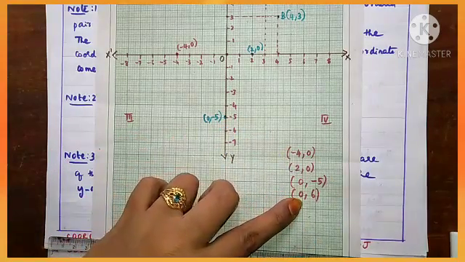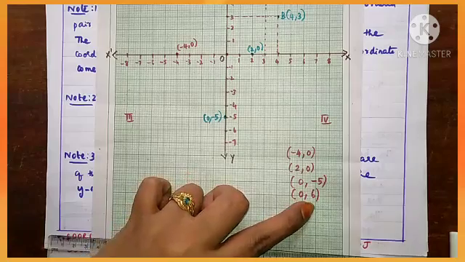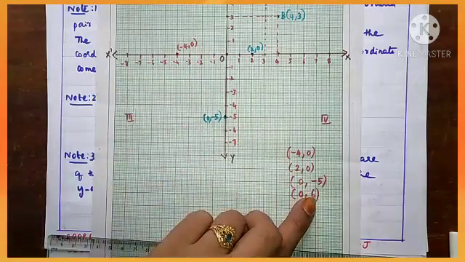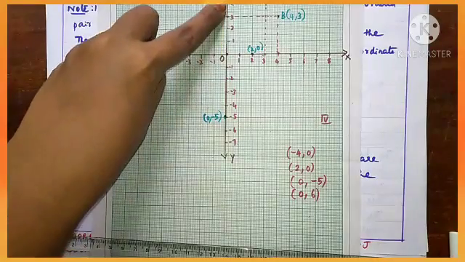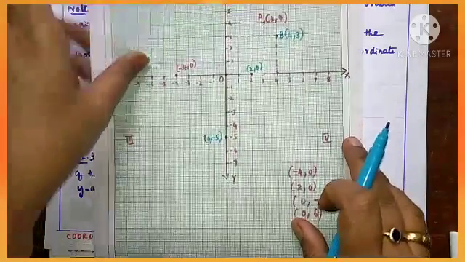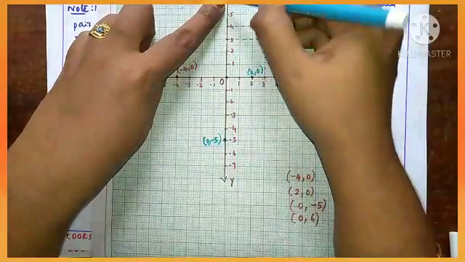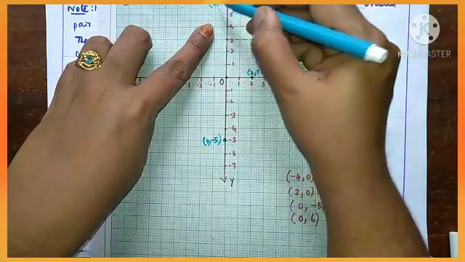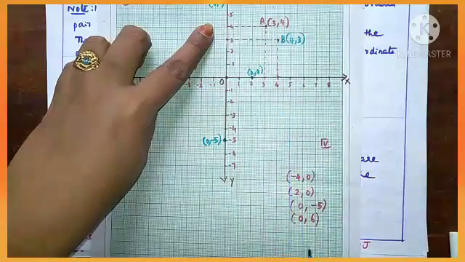The next point is (0, 6). Here also the x coordinate is 0 and 6 means positive y. Positive y is here, so x is 0 and y is 6, so this is the point (0, 6).